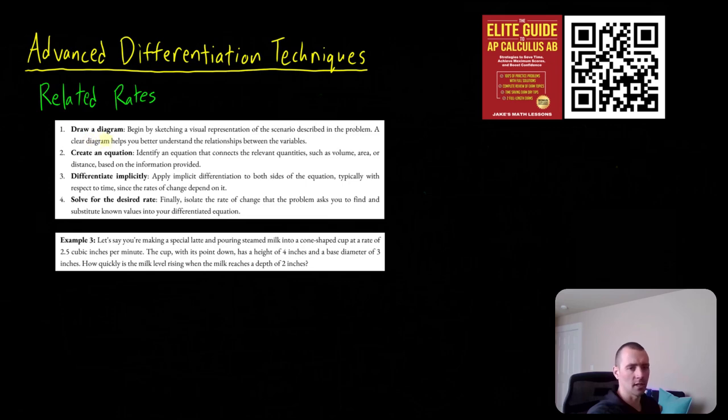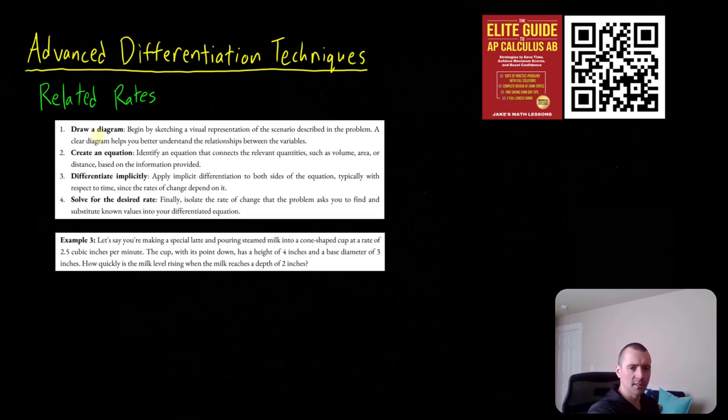This diagram is really going to help you with creating that equation so that you can properly proceed through the problem from there. So then you're going to, like I said, create your equation. Then you're going to take the derivative or implicitly differentiate that equation that you come up with in the second step. And then from there, you're going to solve for your desired rate of change.